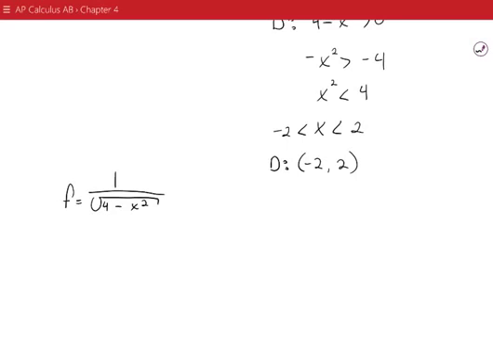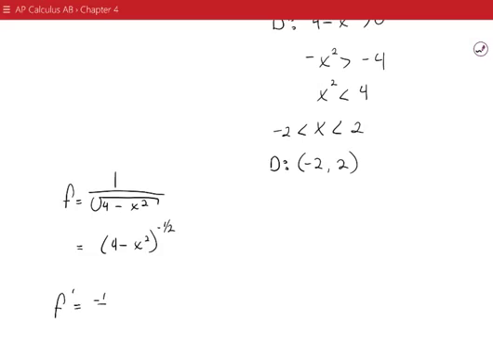I'm going to rewrite this as the quantity 4 minus x squared to the negative 1/2, and then I'm going to use the power rule and the chain rule to take the derivative.